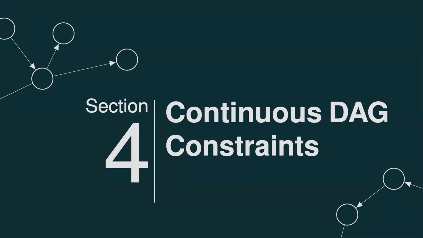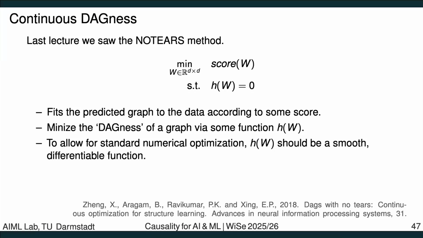Okay. And then finally, I just want to do a very brief look again at continuous constraints. Florian showed it very briefly in the last lecture with NOTEARS, but I would like to show you some of the reasoning behind it in case you need it or want to apply it in some other scenario.